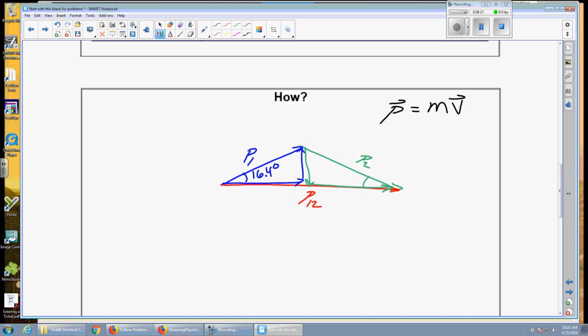And this angle is going to be 45.5 degrees, using a little bit of my geometric knowledge. Oh, look, their y components are going to cancel each other out. Cool. And their x components are going to add together to be the magnitude of the momentum of the two together.